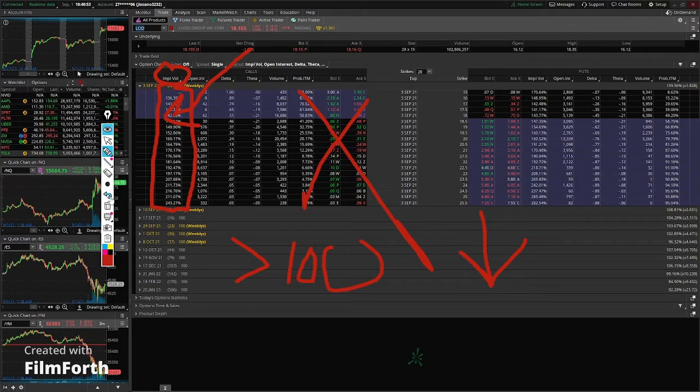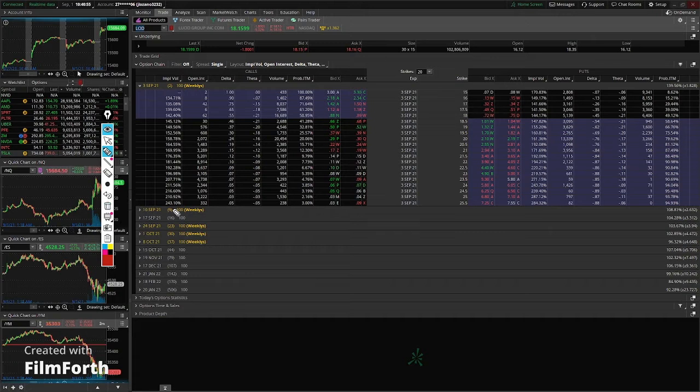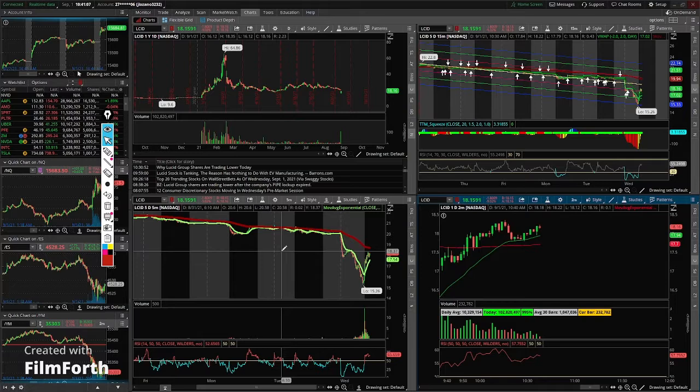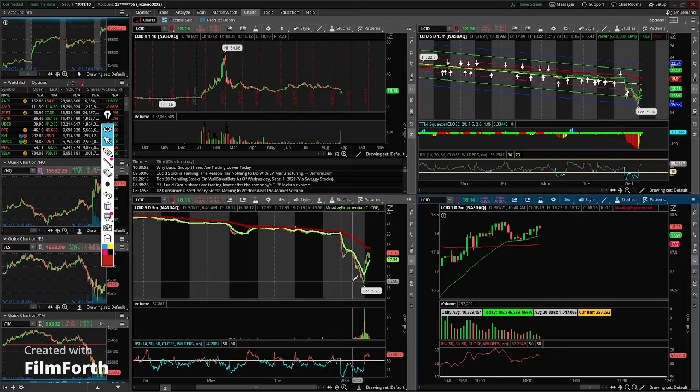Implied volatility, the market makers change it because stocks make big moves like Lucid did today, if that makes sense, okay? So if a stock comes out with great news, like, Lucid Motors just discovered a battery that never needs charging, the stock's going to go through the roof. It's going to shoot up beyond belief, right?